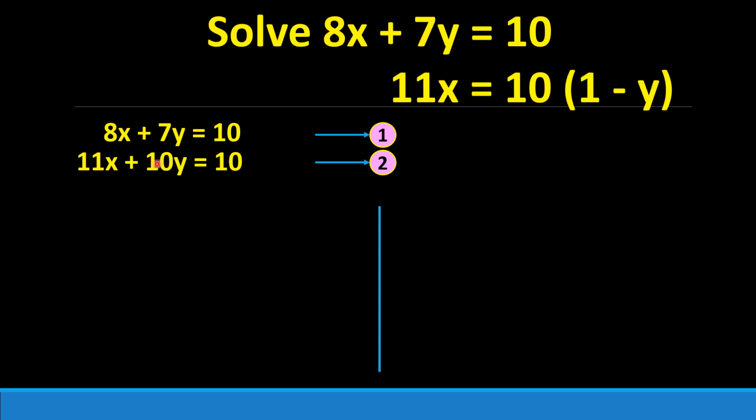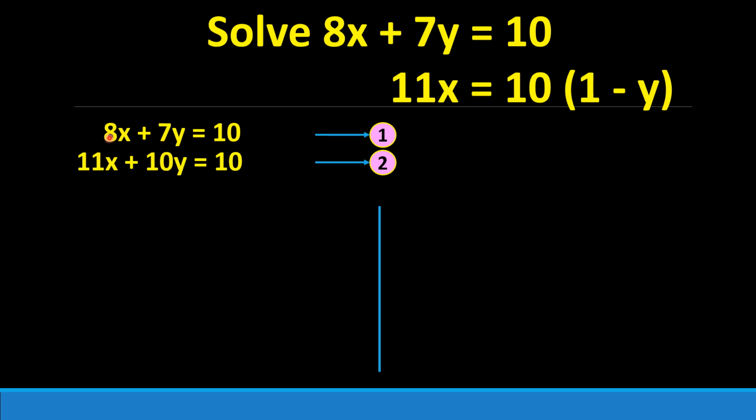Now let us see the coefficients of x. The coefficient of x in the first equation is 8 and that of x in the second equation is 11. So that can also not be eliminated. Then we have to make it same. Either we have to make the coefficient of x same in both the equations or we have to make the coefficients of y same in both the equations. Let us consider x.